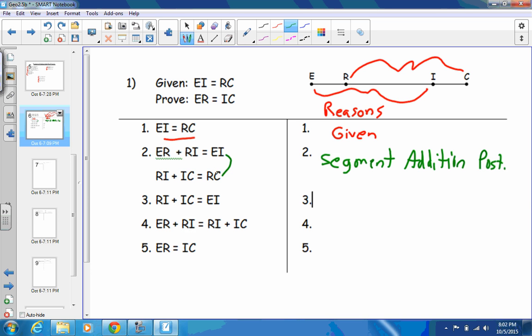So if we know that those are congruent, then we can say that we can substitute, if they're congruent, we can replace these two. So we can say that that's equal to that, or really we're replacing the EI with the RC. So that would be substitution, you could say.